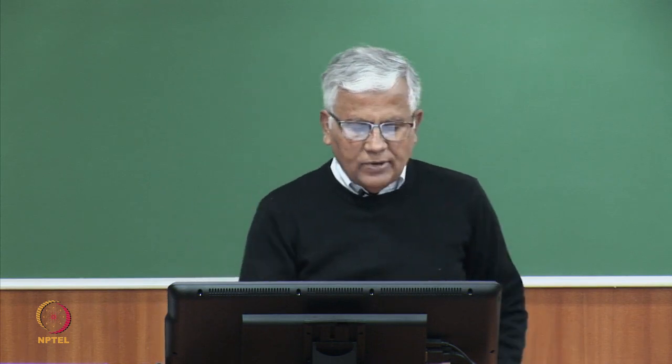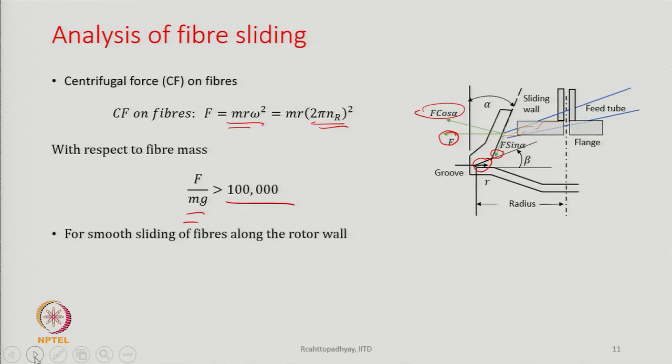With respect to the fiber mass, F by mg is typically 100,000. So, you can imagine the kind of pressure which is acting on the fibers, very high centrifugal force will be acting on them. So, we can substitute the values and find out how much it is.